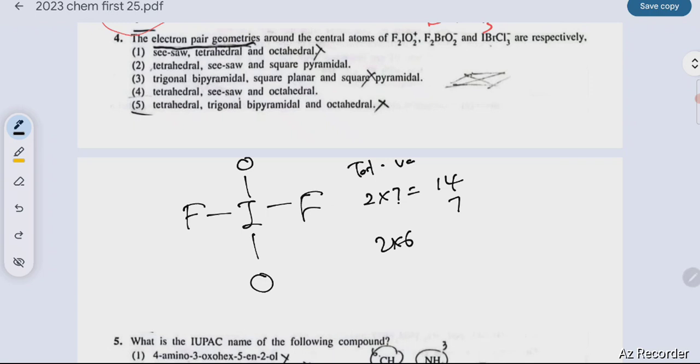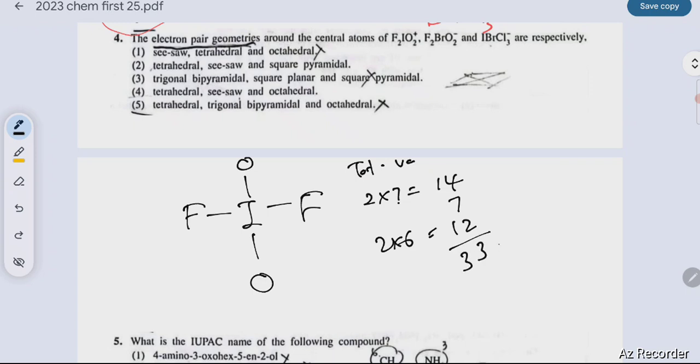So here there are 2 F, and each fluorine atom has 7 valence electrons, so 2 times 7, 14. Then iodine, also in group 7, has 7 valence electrons. And oxygen has 6 valence electrons, so 2 times 6, 12. Then when you sum them, 14, 7, 12, we get 33.